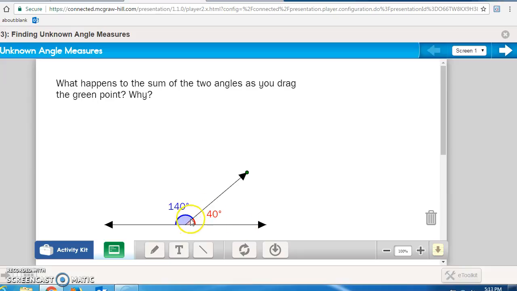So when someone asks you, how could you figure out the measurement of this angle if it wasn't on the screen, you could say, well, I know the straight angle is 180 and this obtuse angle is 140. So 180 minus 140 would make this angle 40.